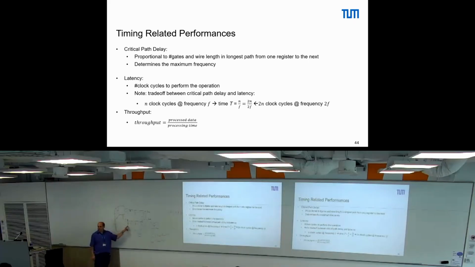More will not happen. I claim that even if your frequency is roughly the same, only a little bit faster maybe. So let's say before we had maybe 11 nanoseconds, now we can run at 10, but we have 2 clock cycles. Even in this situation, I claim you can improve the throughput. How can this be?